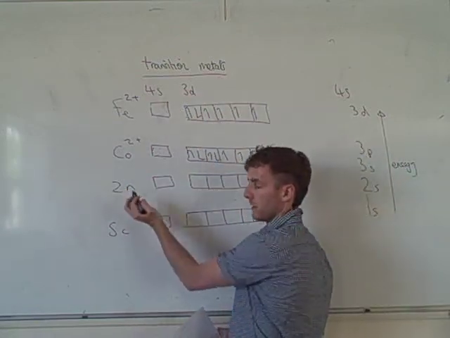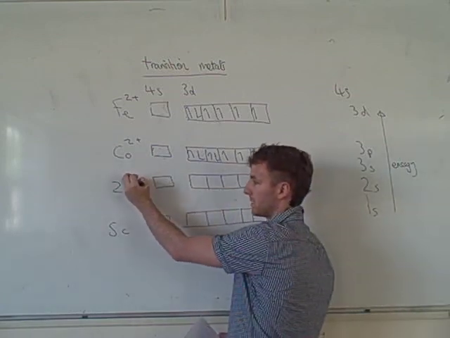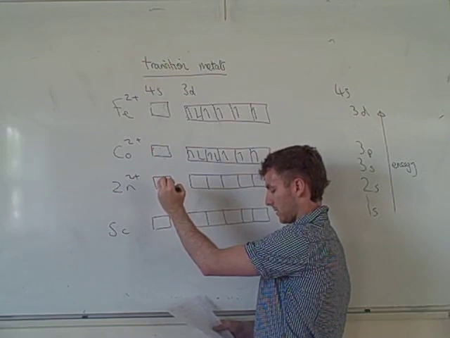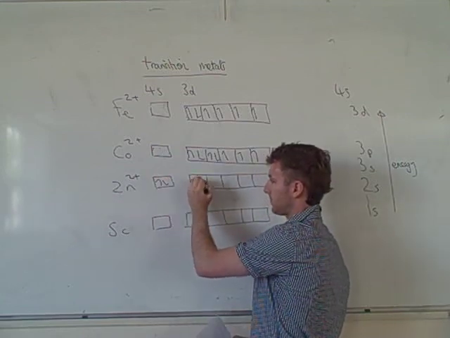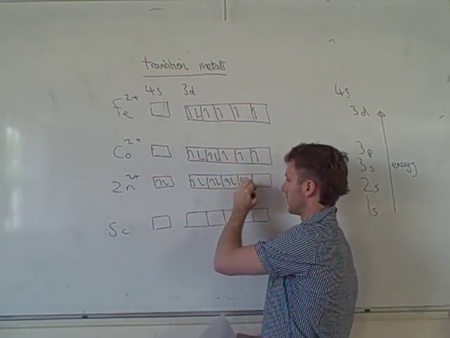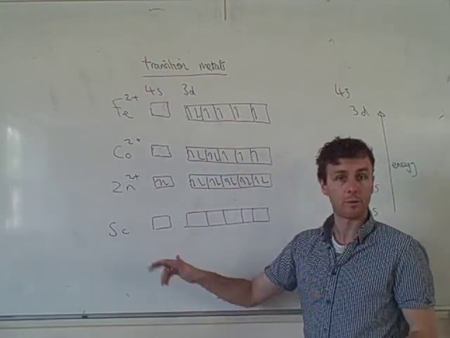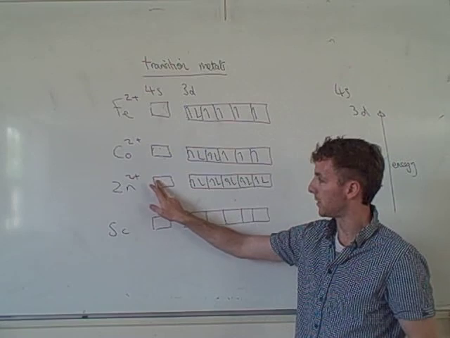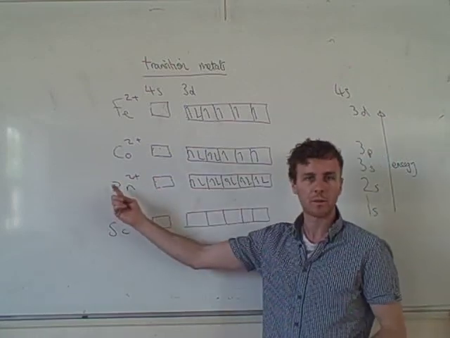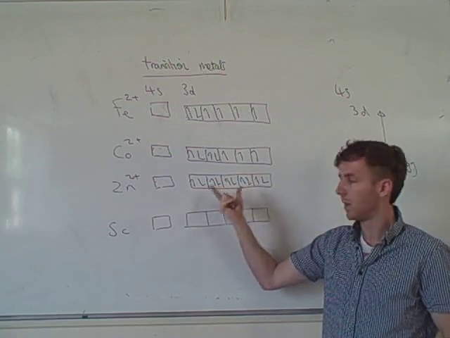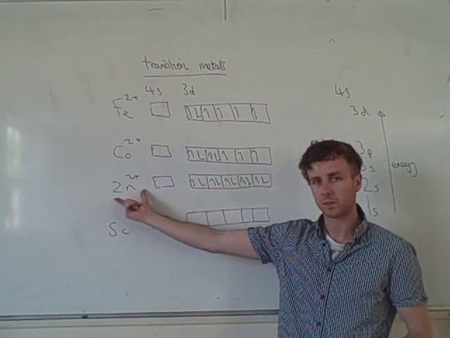The only stable ion which zinc forms is zinc 2+. Now, if I was to draw zinc, zinc would look like this. So zinc 2+, I remove the 2 4s electrons first, and you see the only ion of zinc does not have an incomplete d subshell. That's full. So zinc is not actually a transition metal.